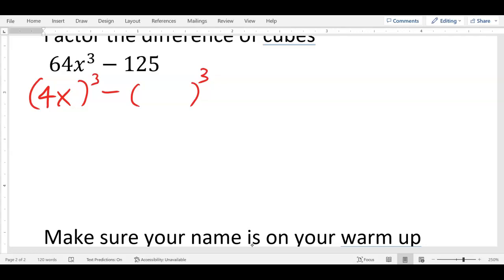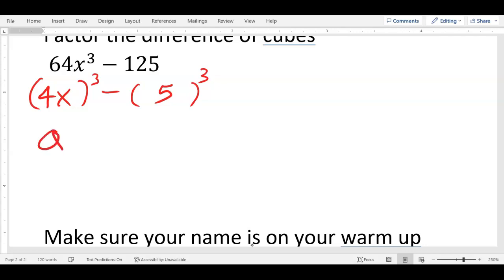Now, go to the other term. What cubed gives me 125? 5. So what's going to go in this blank? 5. Now remember, we do the parentheses to figure out A and B. So what is A?